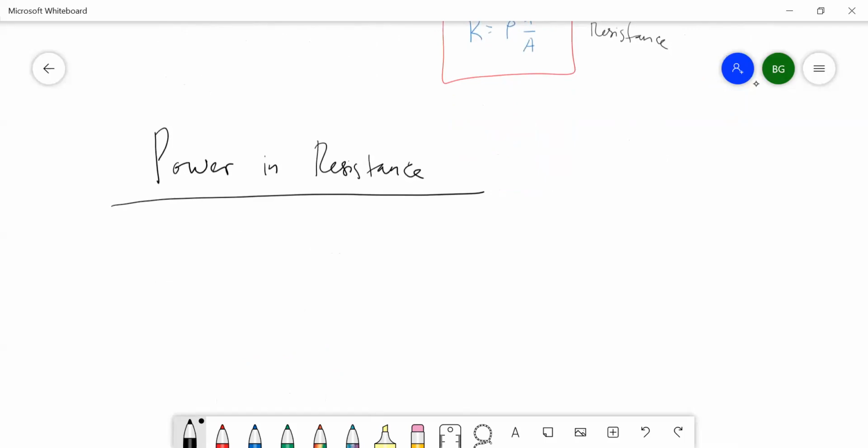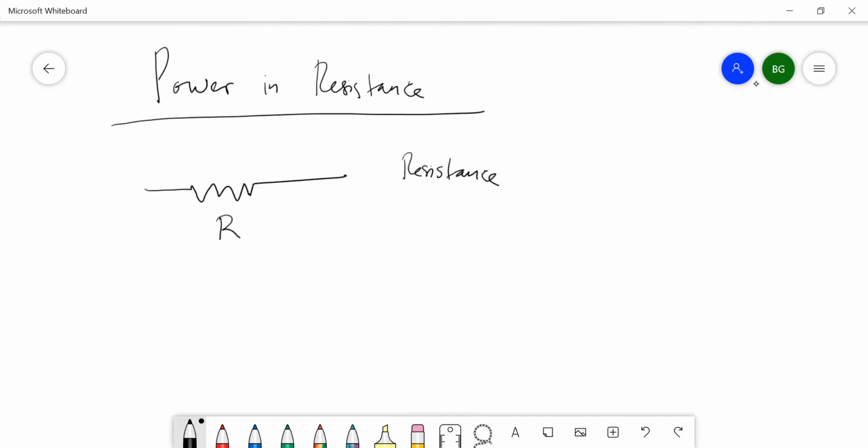The resistance in the circuit is symbolized like this. This is R, the resistance. If it connects to some source of voltage, there will be a current, let's say I here.